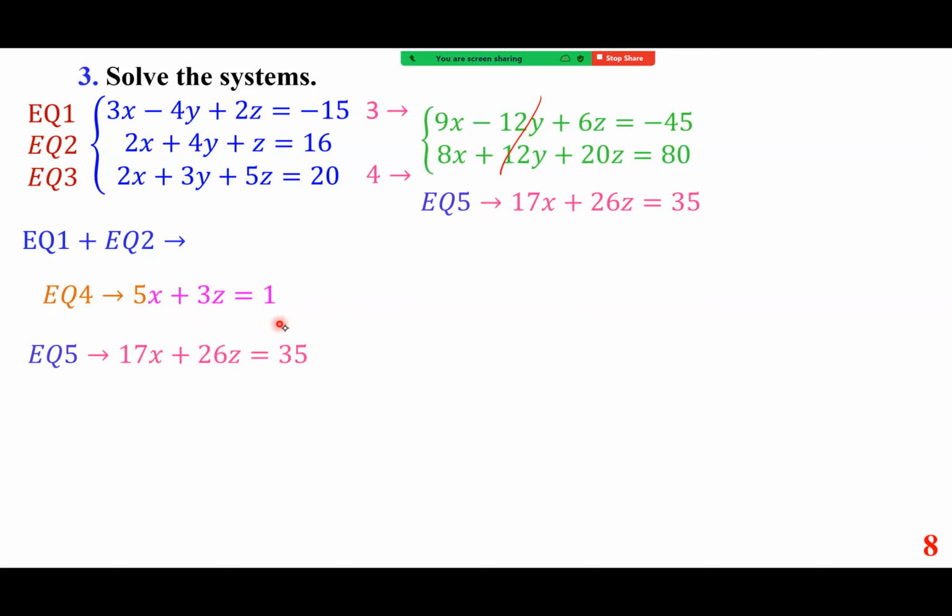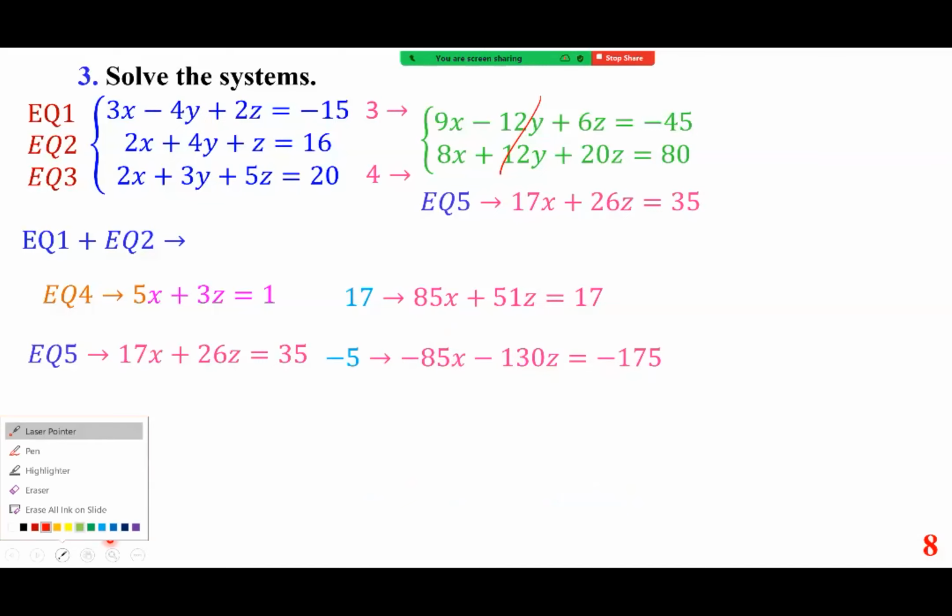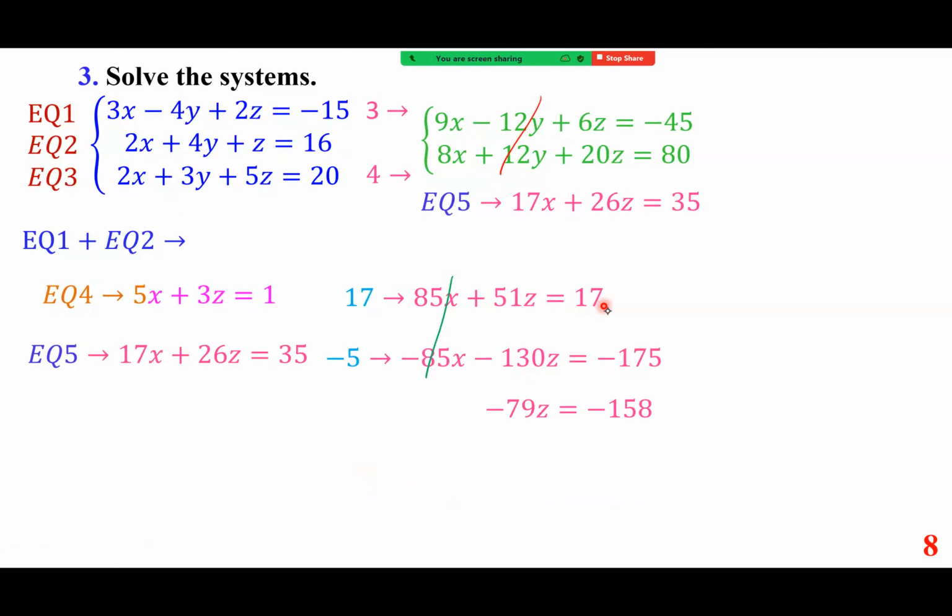So let's do that. You multiply by 17, you get 85x plus 51z equals 17. You multiply this one by negative 5, you get minus 85x minus 130z equals minus 175. These two cancel each other, obviously. And so they add up to negative 79z, they add up to negative 158. If you divide by negative 79 both sides, you get z equals 2.